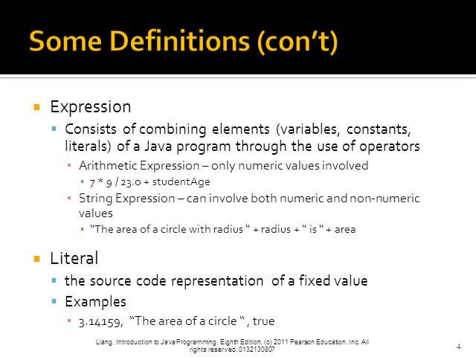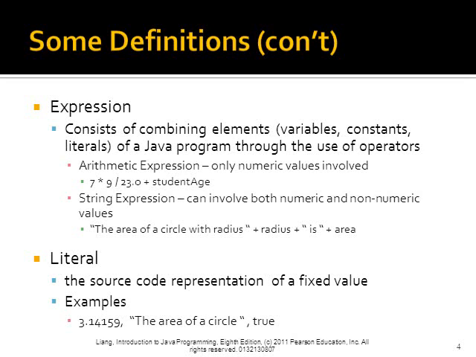Here's an arithmetic expression. I'm going to take 7 times 9 divided by 23, and I'm going to add student age to it. That's an arithmetic expression. It will evaluate to some single value. Kind of nonsensical, but it's still an arithmetic expression.